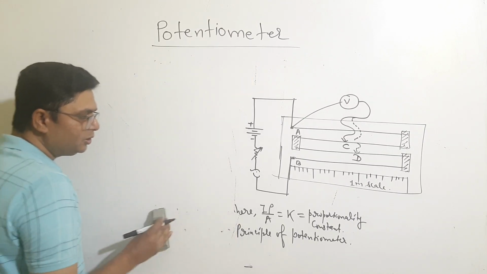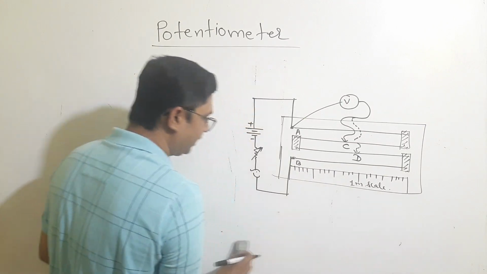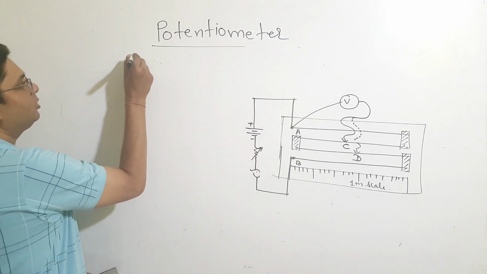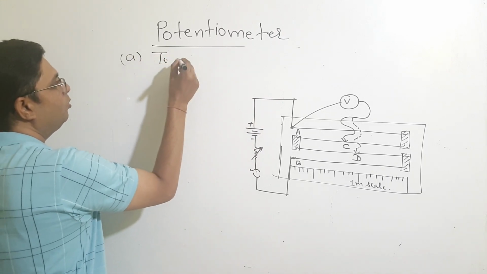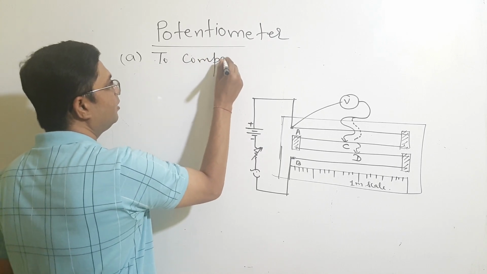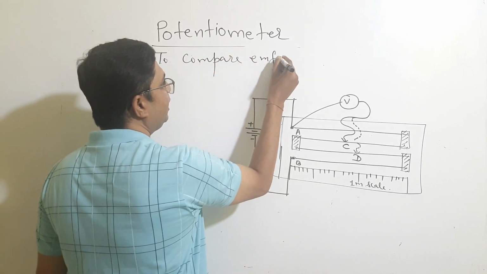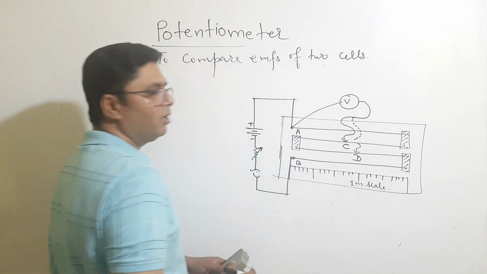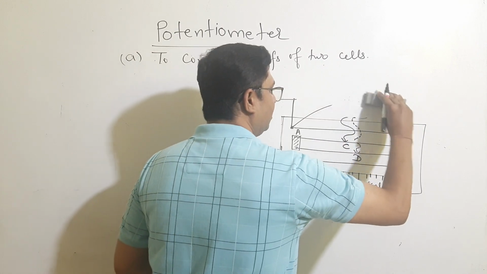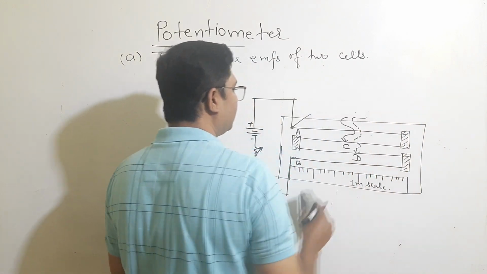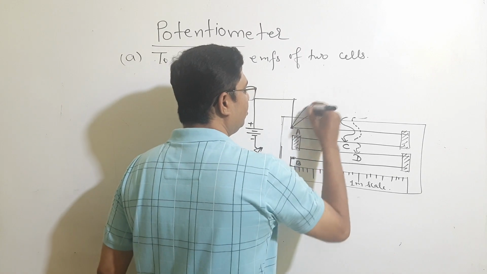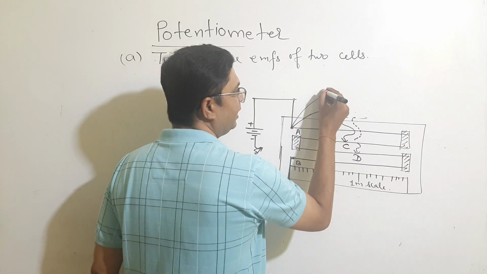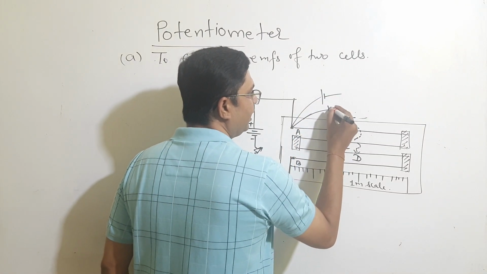Now you are going to use this principle to find two uses. Use A, we are going to see, is to compare EMFs of two cells. For comparing EMF of two cells, at this junction A, we take out two wires and connect them with batteries.